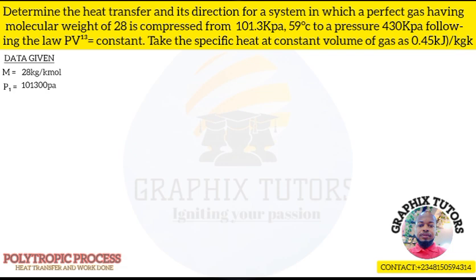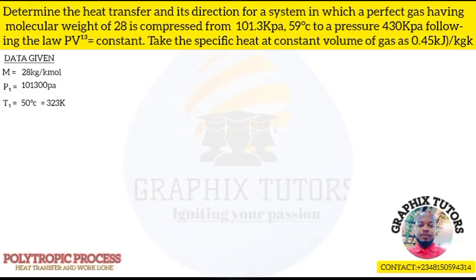So we move to the next one, which is the initial temperature, T sub 1, and that is 50 degrees Celsius. Remember, we convert to Kelvin by adding 273. So 273 plus 50 will give us 323 Kelvin.